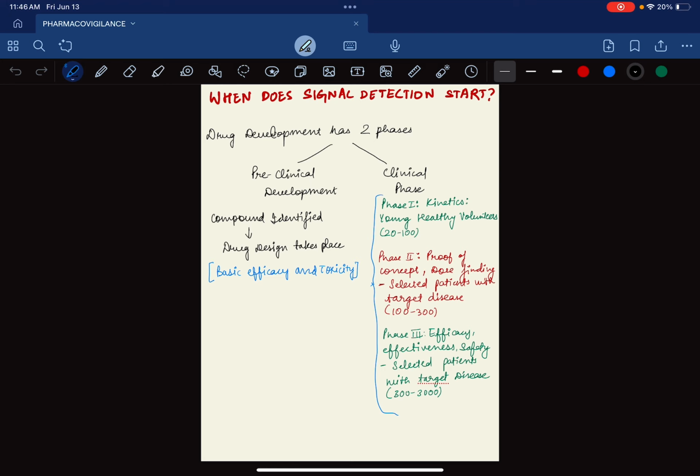And phase 3 is the efficacy, effectiveness, or safety studies, and in these cases there are selected patients with the target disease, ranging from 300 to 3000. So, based on what phase it is, we categorize it on the basis of what volunteers or patients are to be studied, what the number is going to be, and what the basic parameter is that is going to be studied in the various phases.